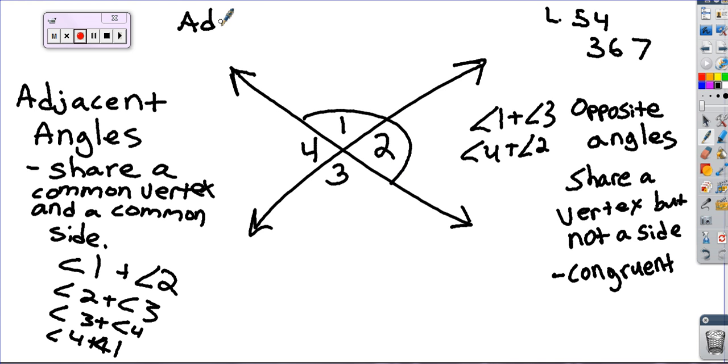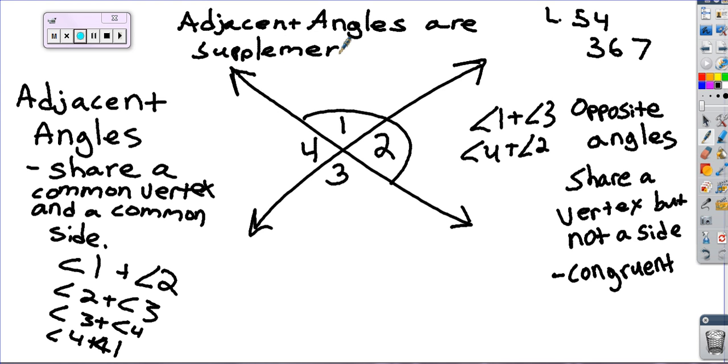Okay, so here it is. Adjacent angles are supplementary angles. And I'll explain what that means in just a second. It's really easy. Just something you'll have to remember.